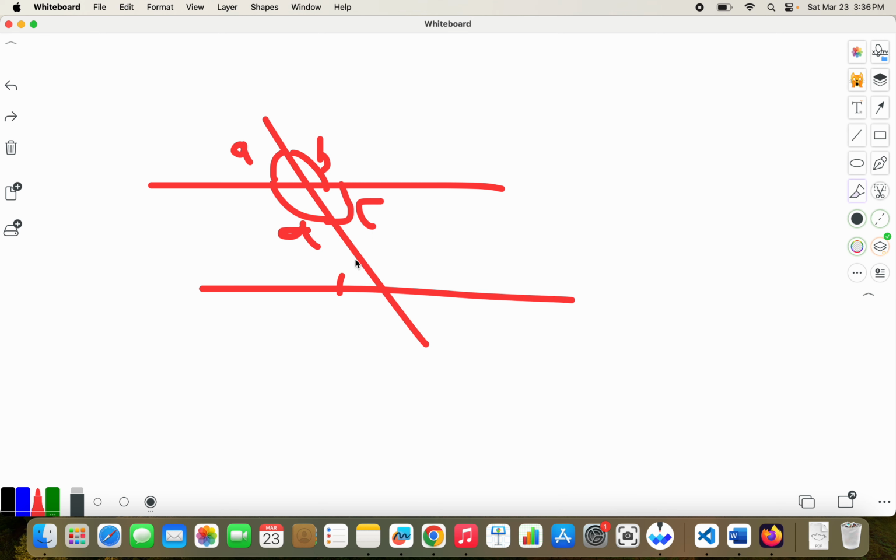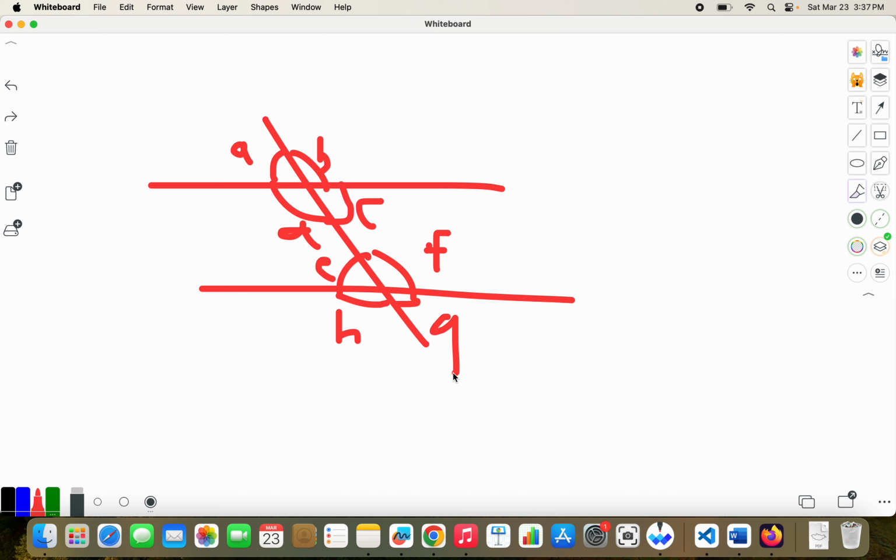There's no reason. It's just copied on the same thing. I don't care about names anymore. Alternate interior, exterior. You'll see, the names suck. So A and E are corresponding angles. They're equal. Their names are not important. So the names are not such a big deal.